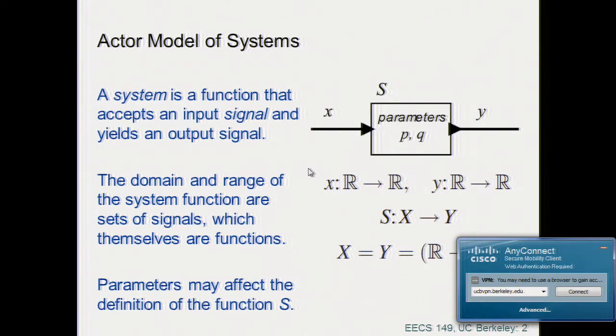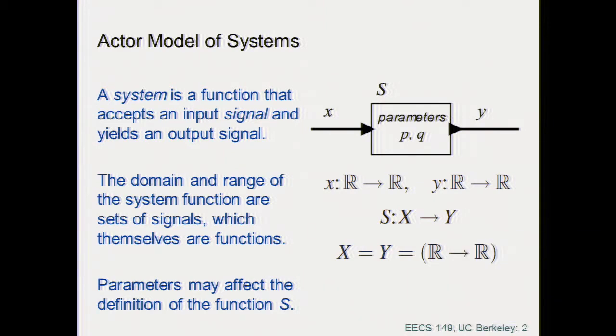That's what the system does. It's not the point-to-point input-output relationship. It's function to function. Why do we do this? Well, it's more convenient to deal with this model, especially when it comes to composition. And we'll see that not this time, but the next time.